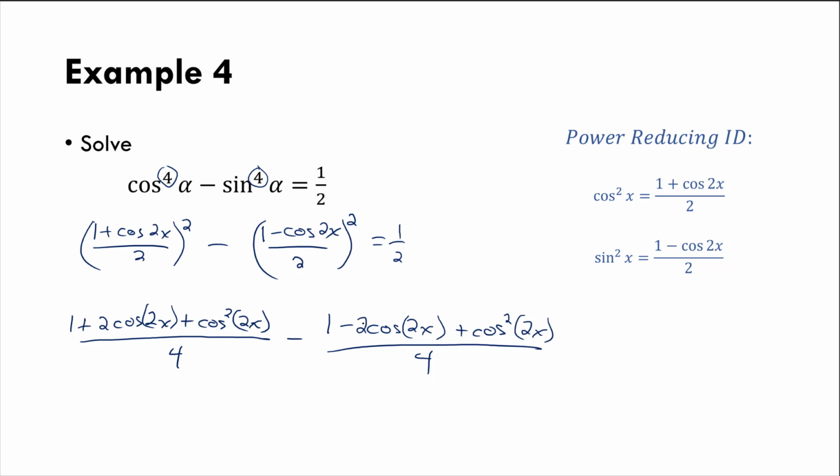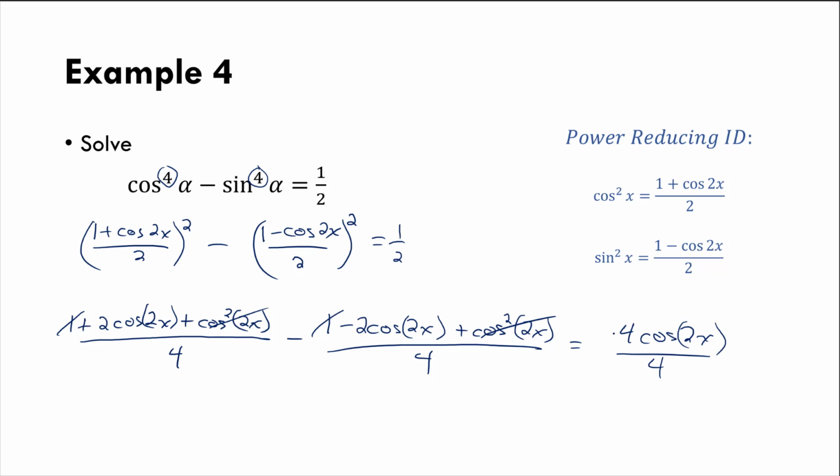So I have a 1 and a minus 1 here, so those will cancel out. I've got 2 cosine 2x minus negative 2 cosine 2x, so that's going to be 4 cosine 2x. And then I've got plus cosine squared 2x minus cosine squared 2x, so those cancel out there. And I have a denominator of 4.